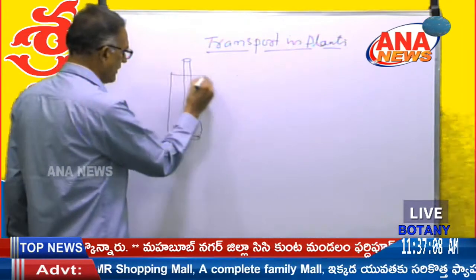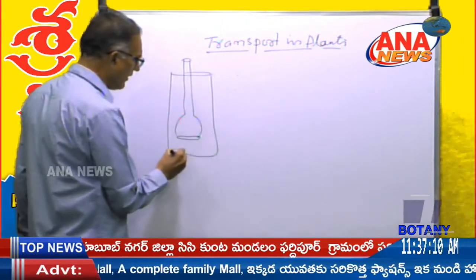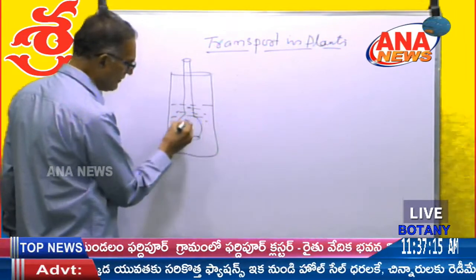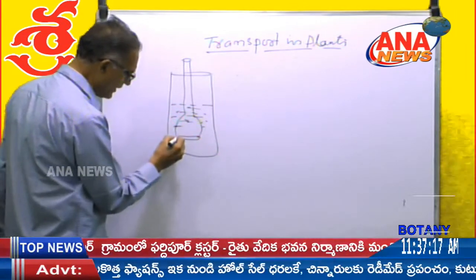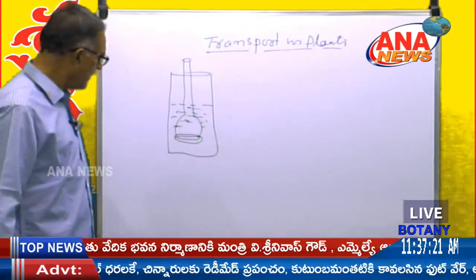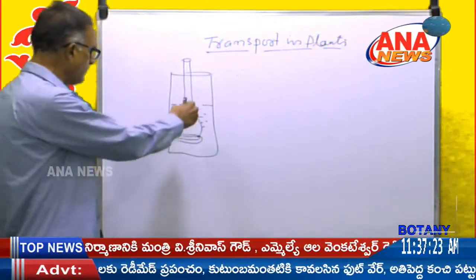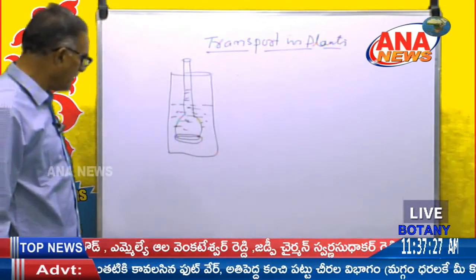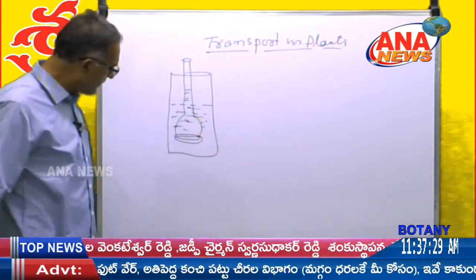The thistle funnel is placed in a water-containing beaker, and the wide mouth is separated by a plasma membrane. We can get the plasma membrane from an egg.